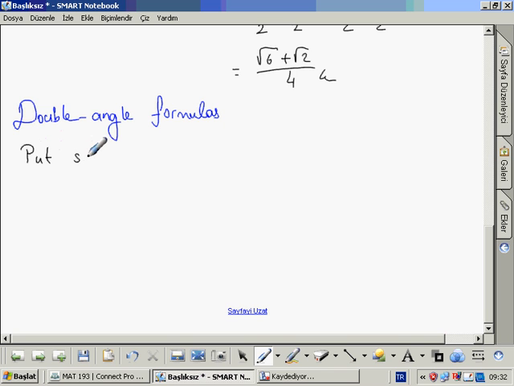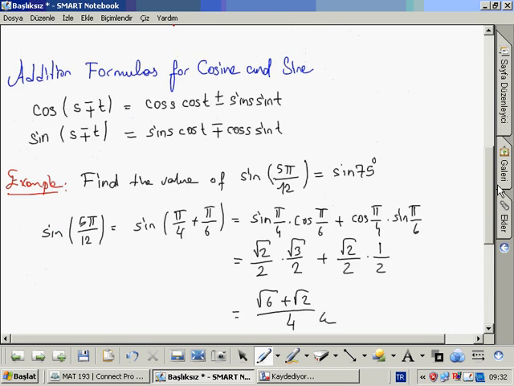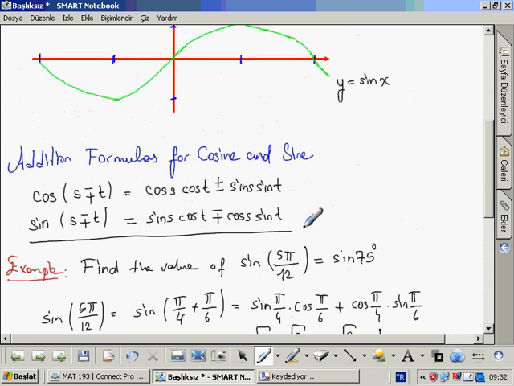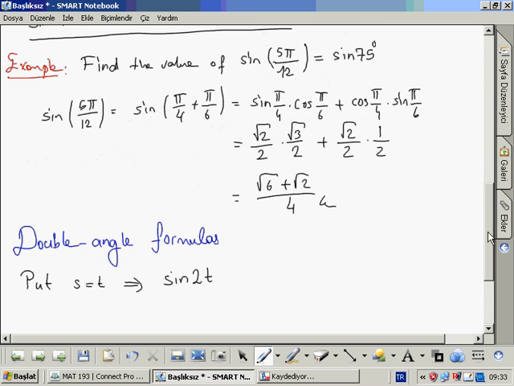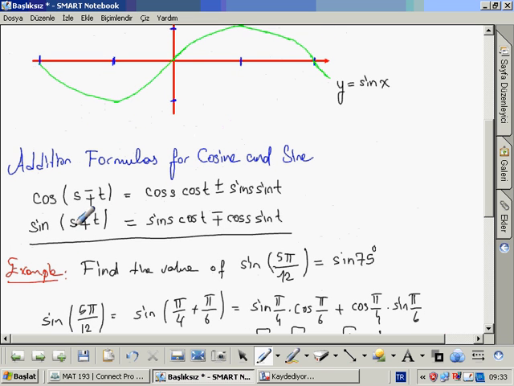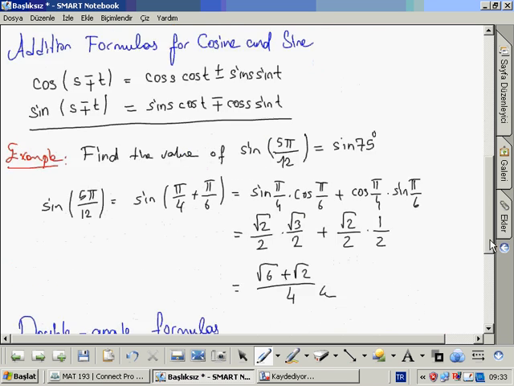Put s equals t into the previous formulas, which are these, and you will obtain from the sine equation, when you put t here, sine of t plus t, which equals sine 2t.